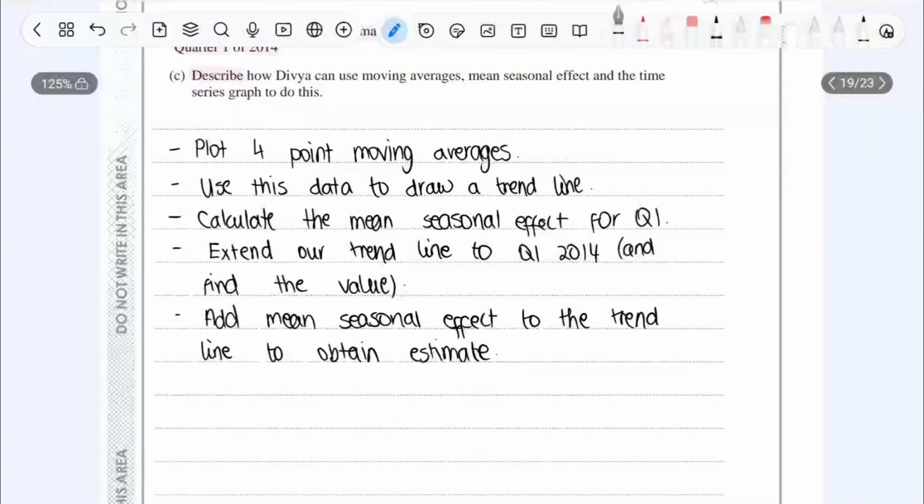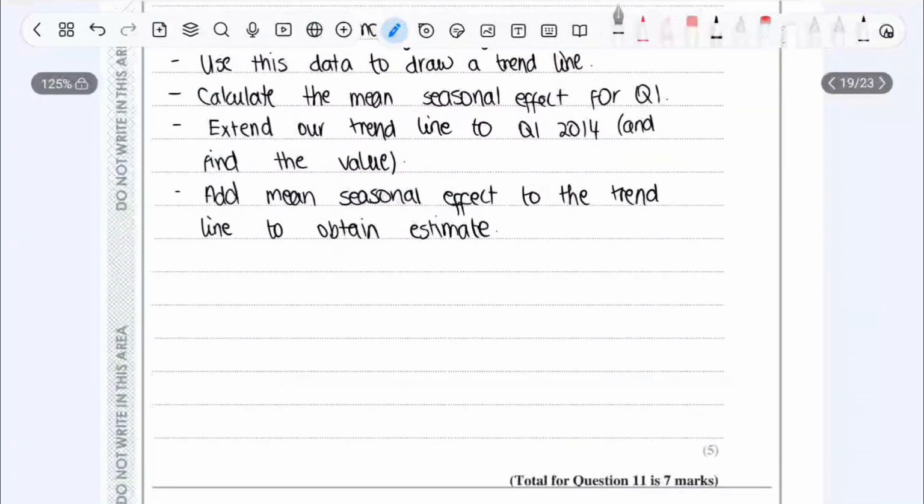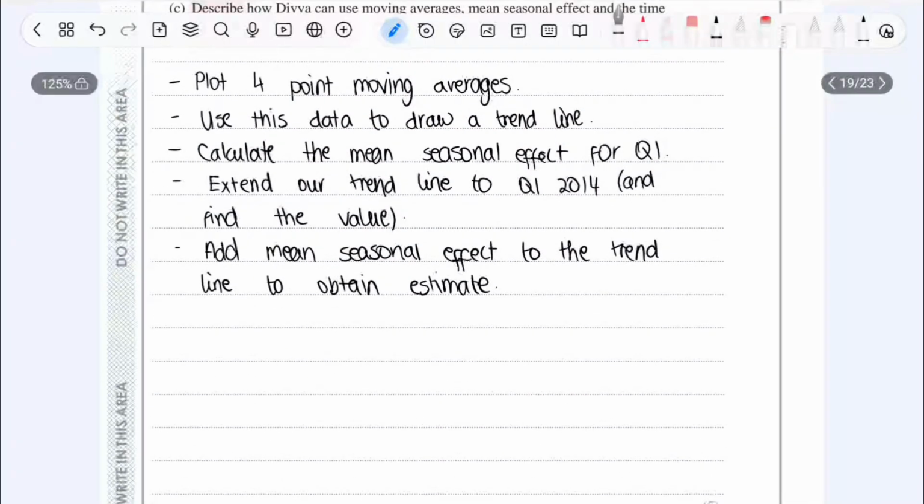And each of those bullet points there is 1 mark each, and that satisfies our 5-mark requirement.